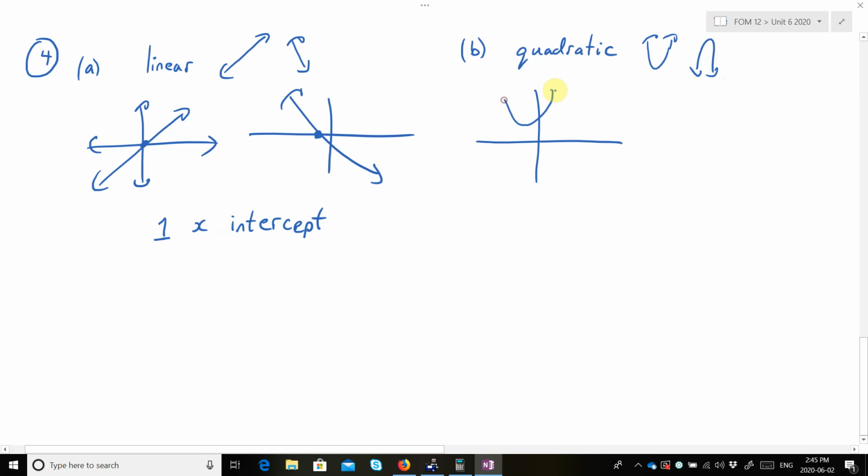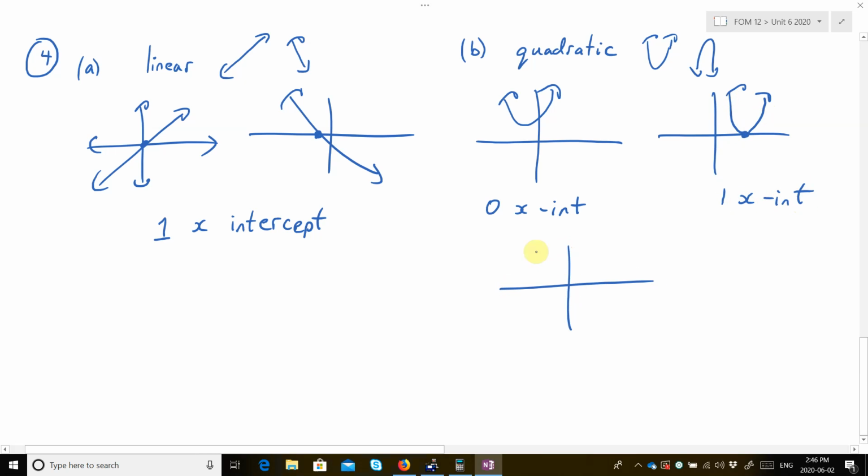So you could have 0 x-intercepts where it doesn't touch, or you could have the vertex right on the x-axis, which is 1 x-intercept, or you could have a quadratic like this where it has 2 x-intercepts. Okay, so those are the 3 possibilities for a quadratic function. It would be the same deal if the graph was facing down. Okay, so 0 x-intercepts, 1 x-intercept, or 2 x-intercepts.